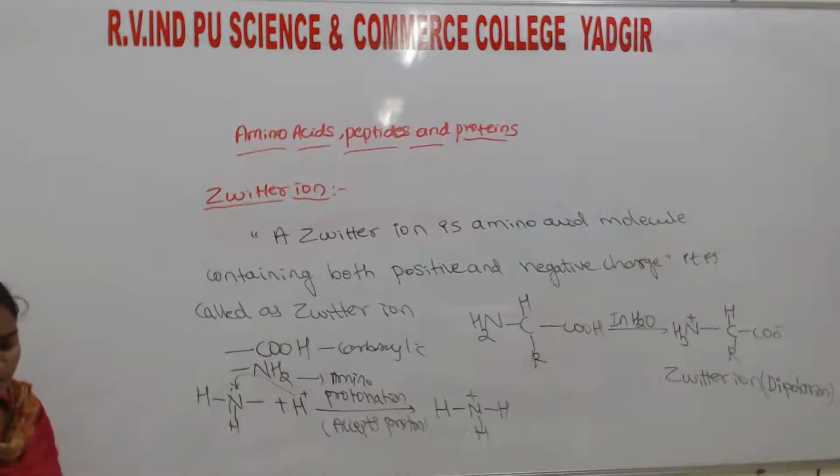The neutral form of amino acid changes its form depending upon the pH of the medium in which it is dissolved. It changes to acidic form or basic form depending upon the medium.